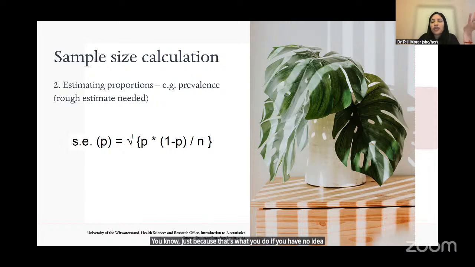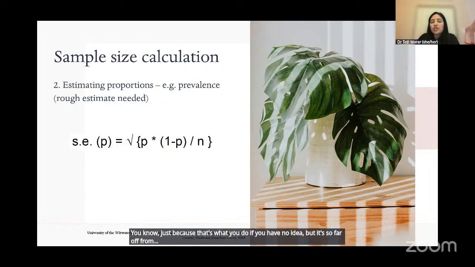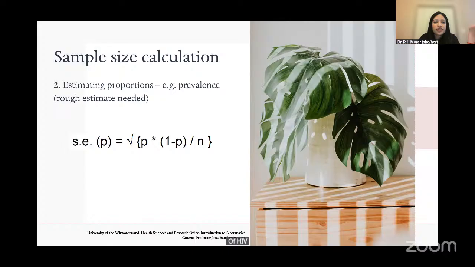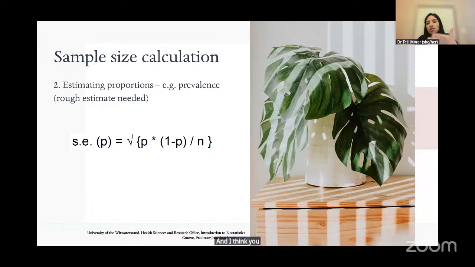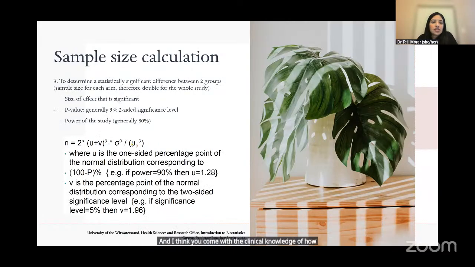But it's so far off from what you know the prevalence rate to be. Like the prevalence rate of HIV, for example, is not 50%. It's around maybe 18% or 14%, whatever the case is. So it's so far off. And I think you come with the clinical knowledge of how to do that.